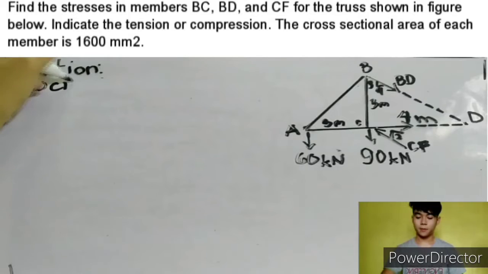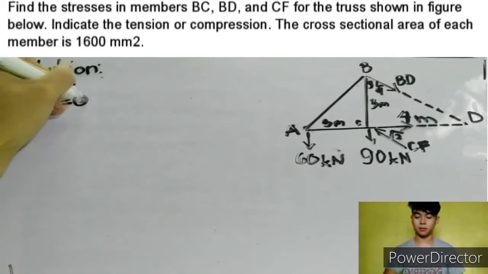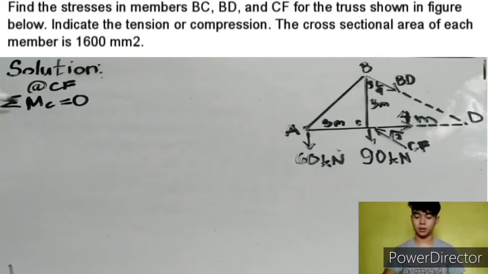For member CF, summation of moment about C equals 0. Oh, sorry.